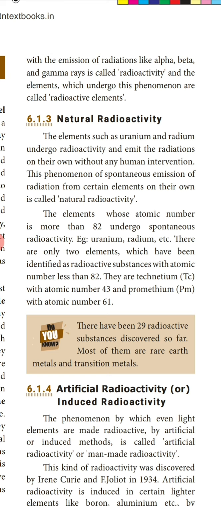Natural radioactivity: elements such as uranium and radium undergo radioactivity and emit radiations on their own without any human intervention. This phenomenon of spontaneous emission of radiation from certain elements on their own is natural radioactivity.